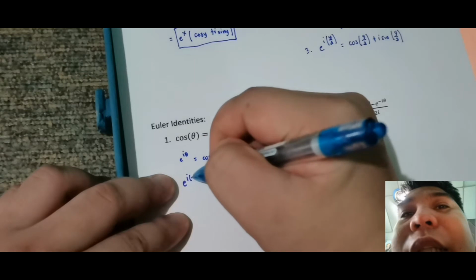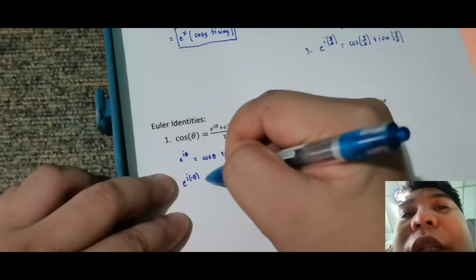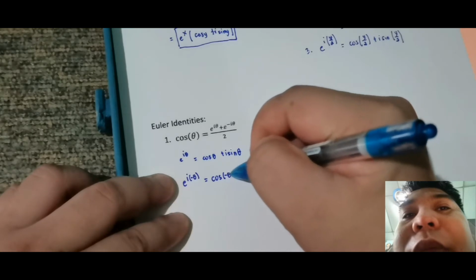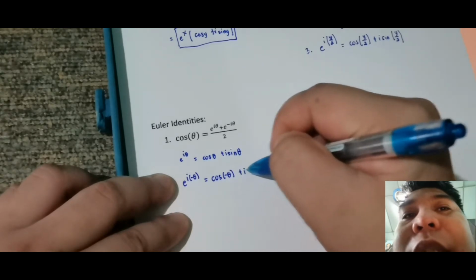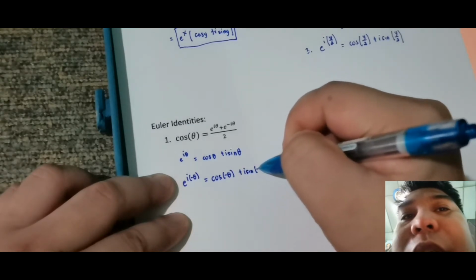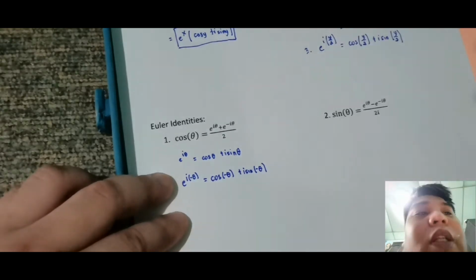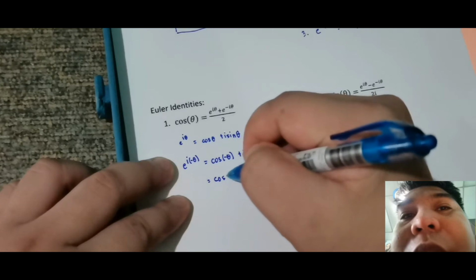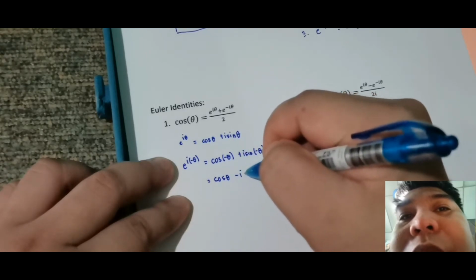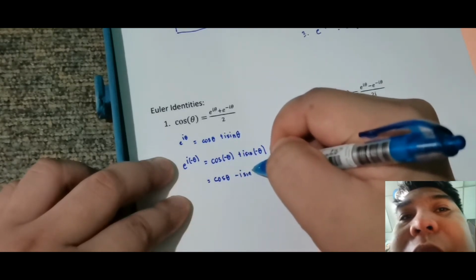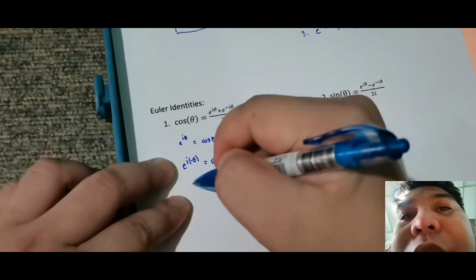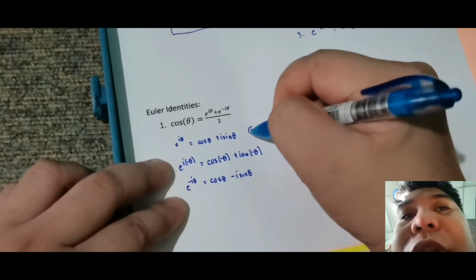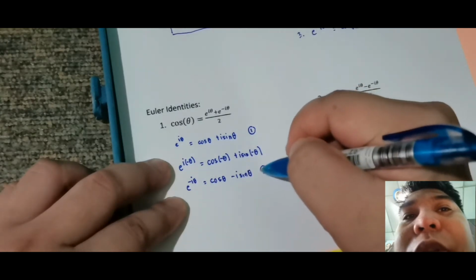E raised to negative I theta, sorry, that is equal sa cosine negative theta plus I sin ng negative theta. So, sundin natin na identities. This is equal sa cosine theta minus I sin theta. Okay, so ito yung e raised to negative I theta. So, let me call this equation 1, then equation 2.